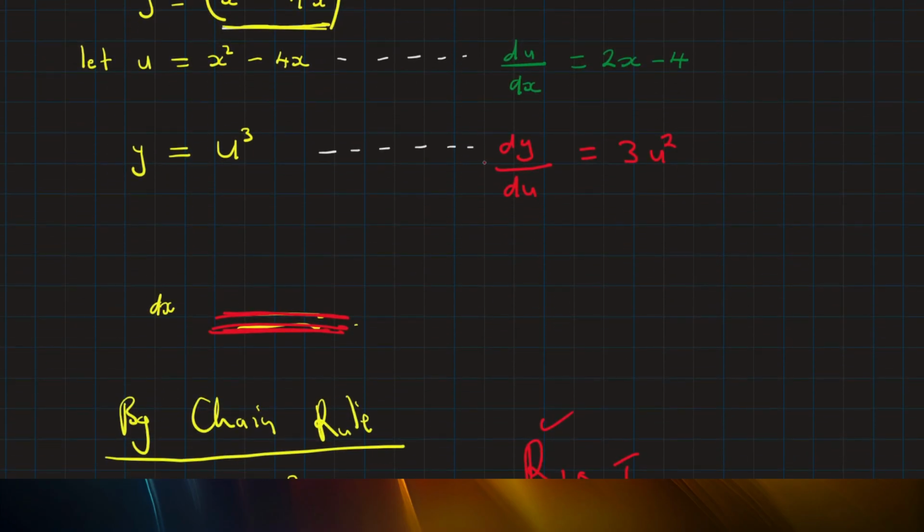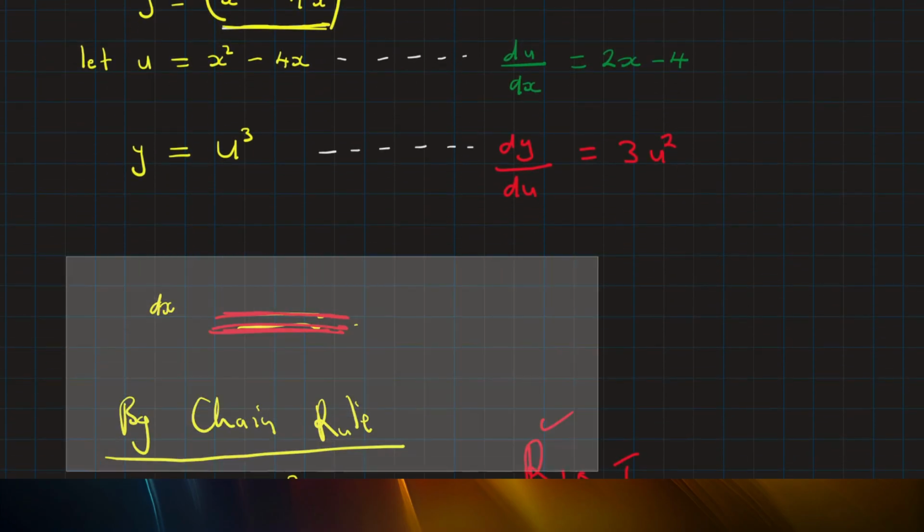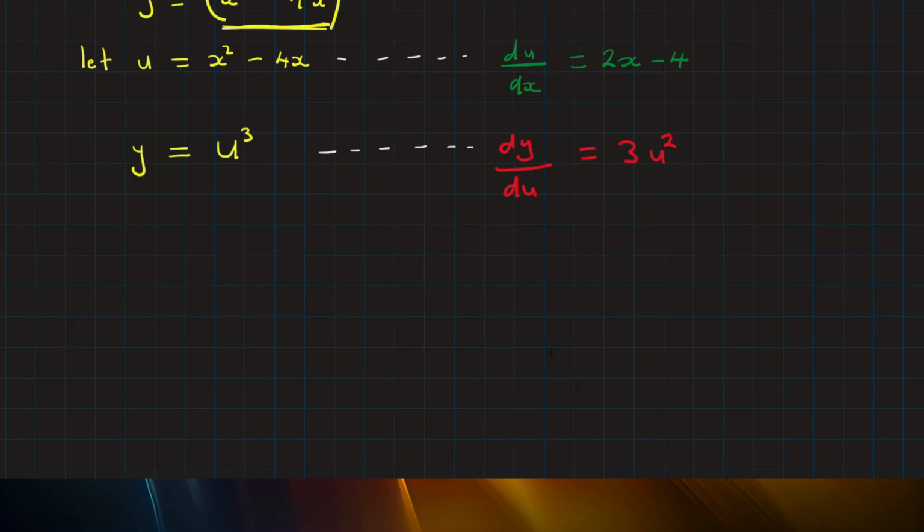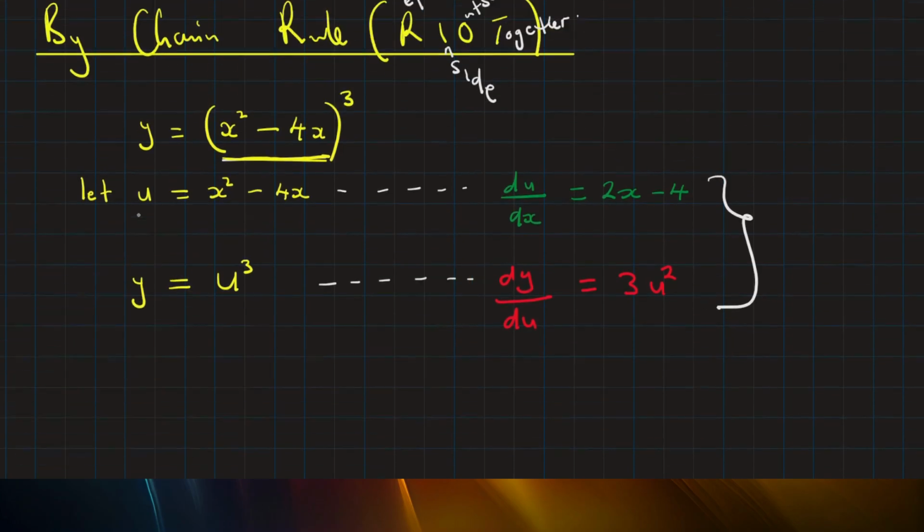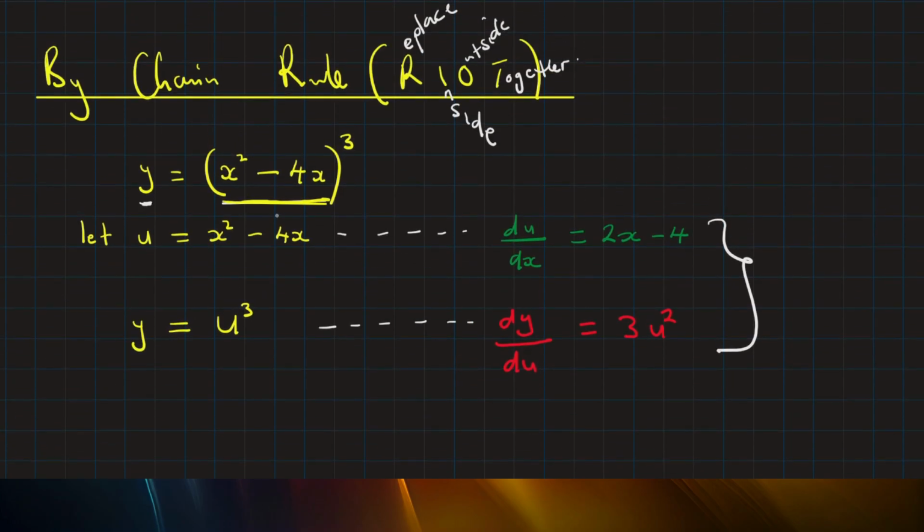So if you look carefully, you are going to realize that we join these together, that is, multiply these together, because my answer should be dy on dx. That's the derivative I want, because my function of y is given in terms of x.